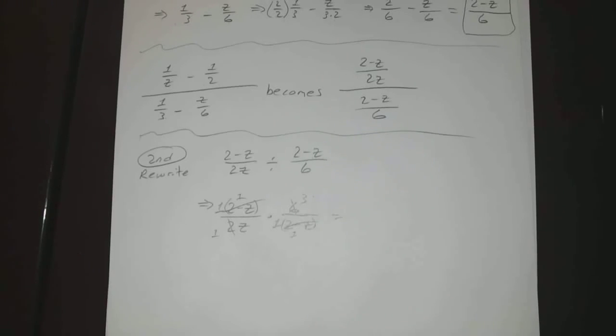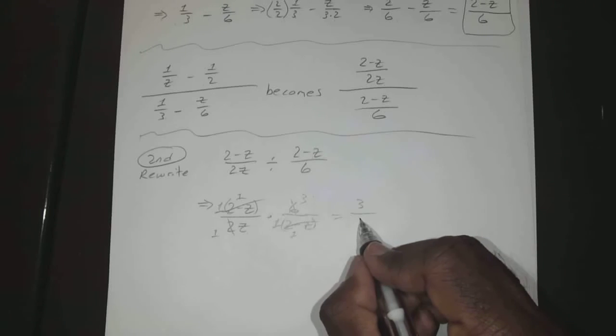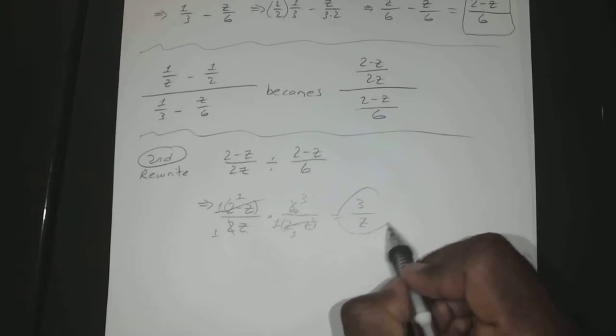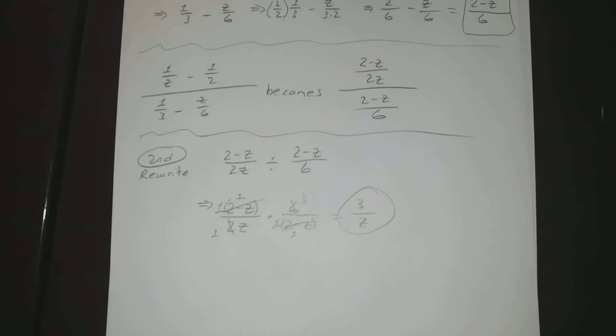Okay, so the only thing that didn't cancel out up here is that 3. And the only thing that didn't cancel out here is that z. Okay, so that would be your final simplified answer.